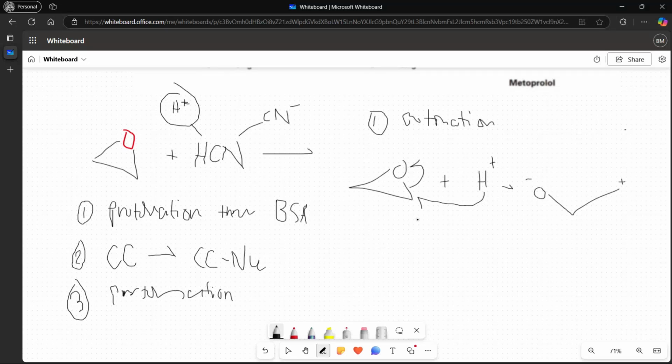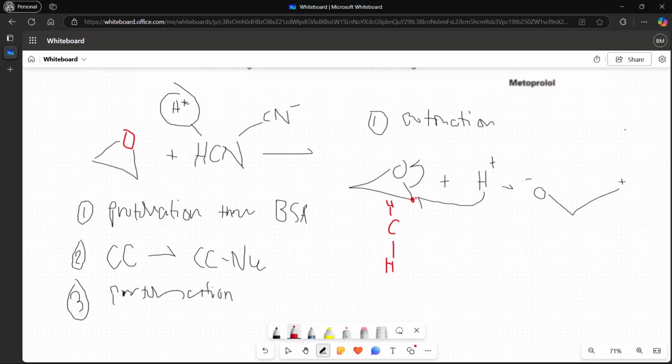Once the H is already here, we'll try to visualize this one. If the H is already attacking here, let's put a red here because this one is an sp2 hybridized carbon. So C, then you have an H on this carbon over here. And since this one is going to be free, its electron is going to jump on this carbon over here.